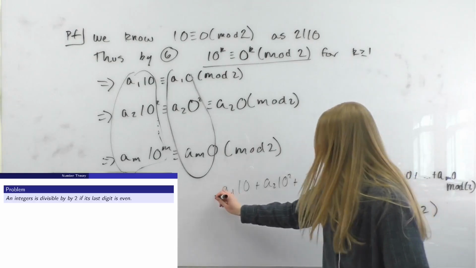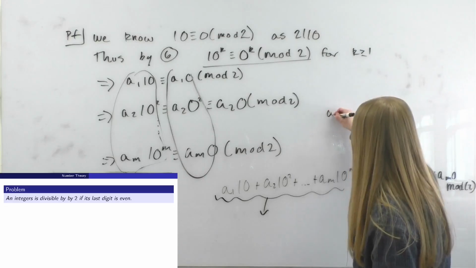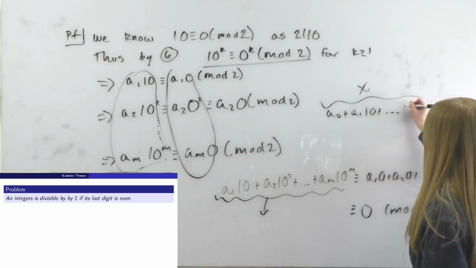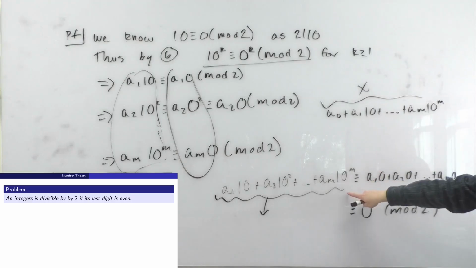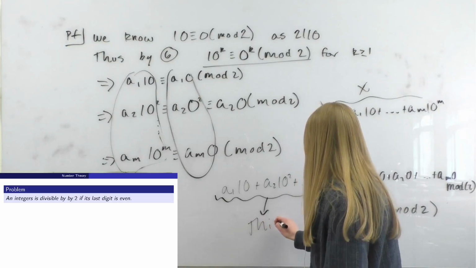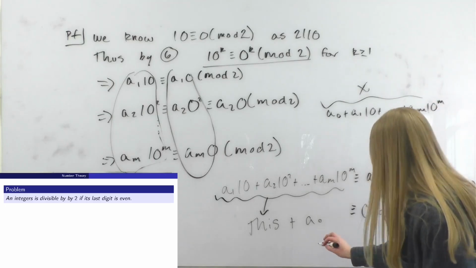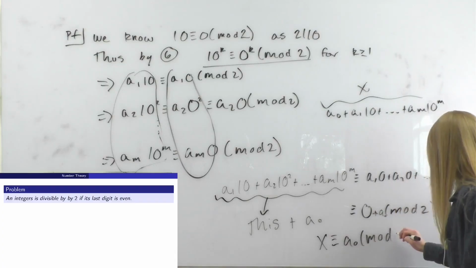And what is this missing? If this is our base 10 number x, we have a_0 plus a_1 times 10 plus dot dot dot plus a_m 10^m. If we want to say something about x, what should we do to both sides if we start at a_1? We add a_0 to both sides. So we get x is congruent to a_0 mod 2.